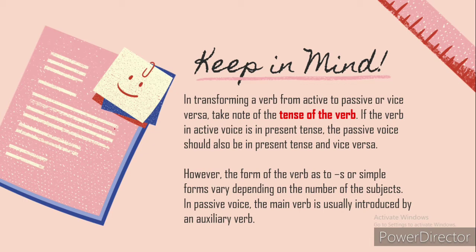However, the form of the verb as to S or simple forms vary depending on the number of the subjects. Remember, a verb should always agree to its subject. In passive voice, the main verb is usually introduced by an auxiliary verb. Now, let us see what I mean.